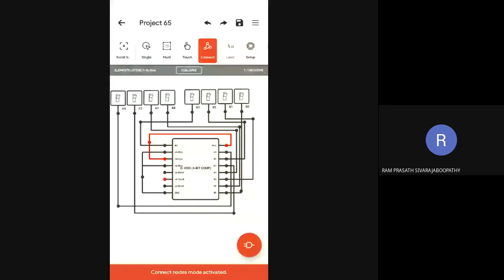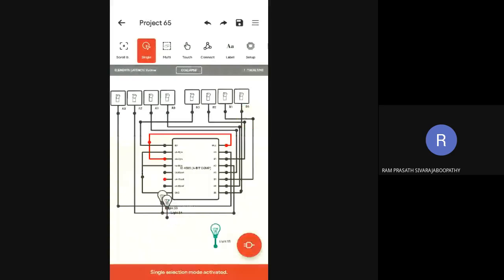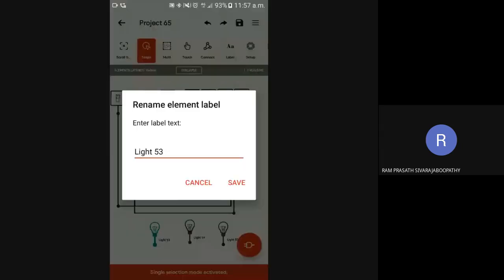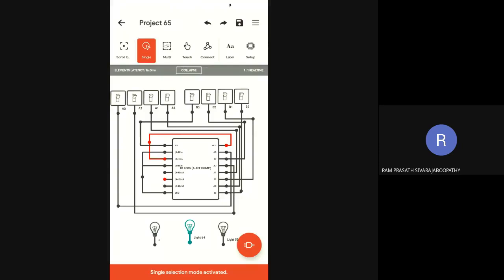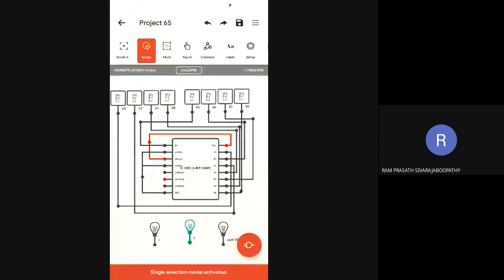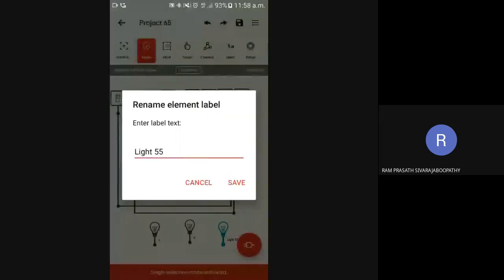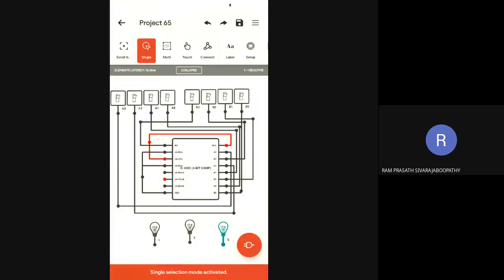For the output I am going to take 3 lights. So the center one we can keep as equal, the left-hand side as lesser. So it is lesser, L, this one is equal, E, and the last one is greater. Okay, fine.